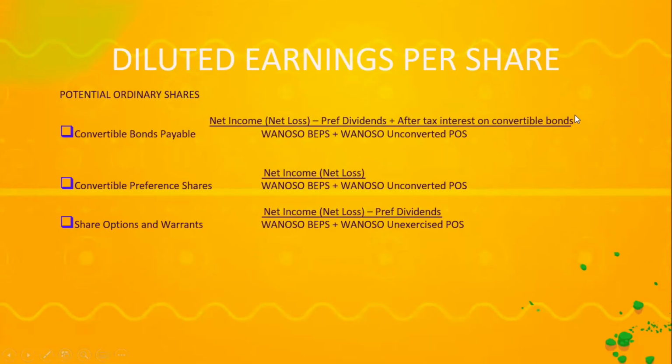So, let's stop there for a moment. Let's discuss why we need to add it. Imagine, class, you have bonds payable. Of course, you are paying interest expense on that particular bonds. So we are adding it back to the net income, as if we hadn't paid it. In net income, the interest expense has already been deducted.